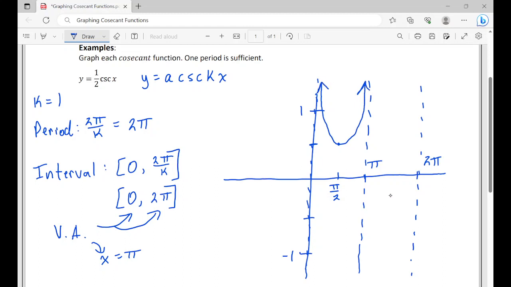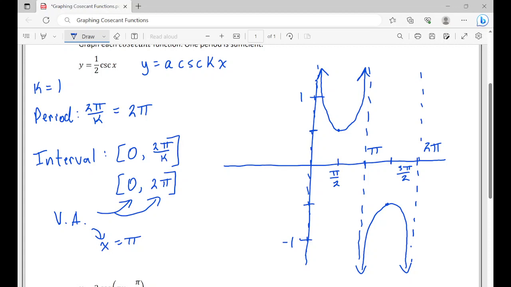And then it's going to do the same thing over here, except it's going to come up, then back down, right here at negative a half. And that negative half is right here on the x-axis, 3 pi over 2. And so this is going to come up, intersect that point, and then come down like so. So this would be the graph of this cosecant equation.